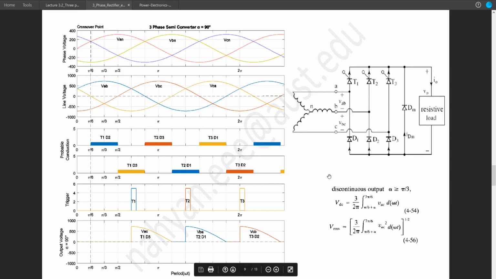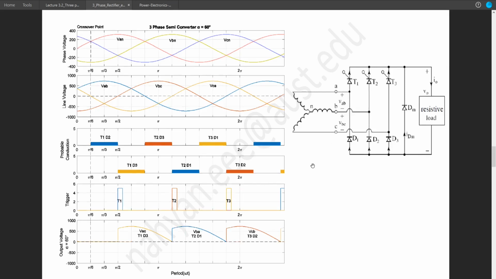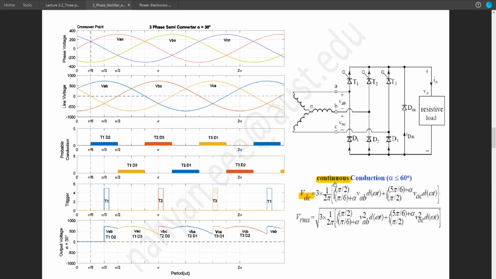So this discontinuity will happen after alpha equal or greater than 60 degree. If we get back to our continuous conduction mode, this will be restricted from alpha equal 0 to 60. So in this case, the waveform will be divided by two parts.